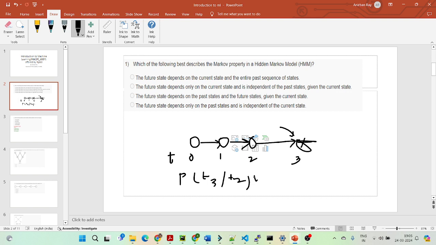What it means is that the future that I am trying to predict, which in this case is t3, depends only on the present, that is t2. So that is how they have explained here.